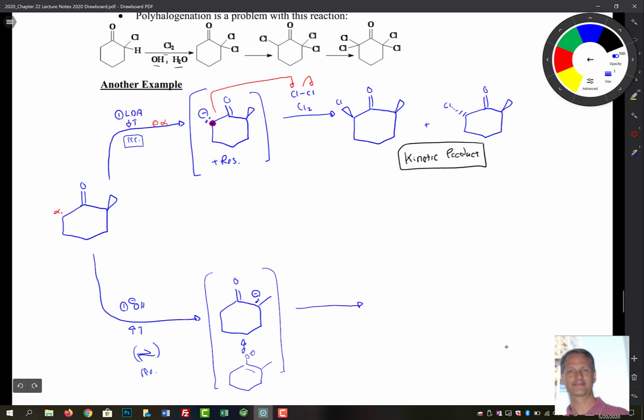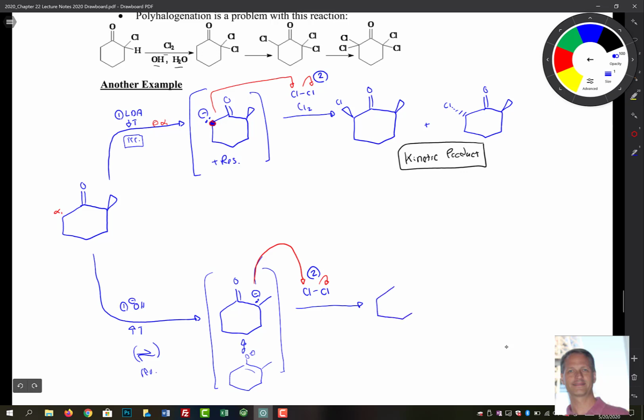All right, so then step number 2 here. So here's our step 1. Again, that's your step 2. So our step 2 here, adding chlorine. And we're going to come around and we're going to grab that chloro group just like so. And then we're going to have a mixture of stereoisomers there.